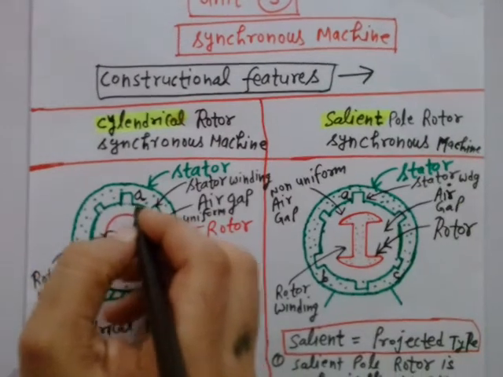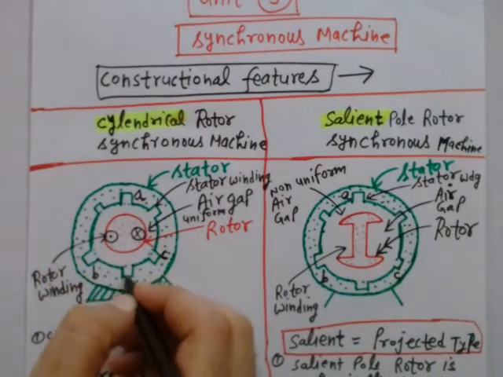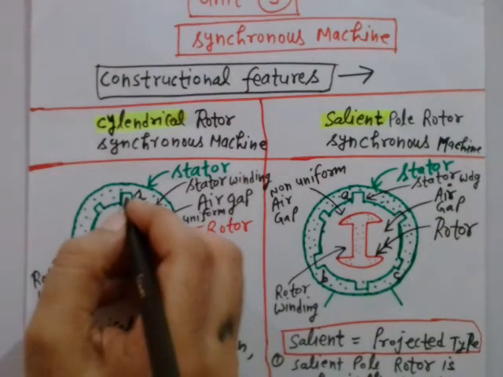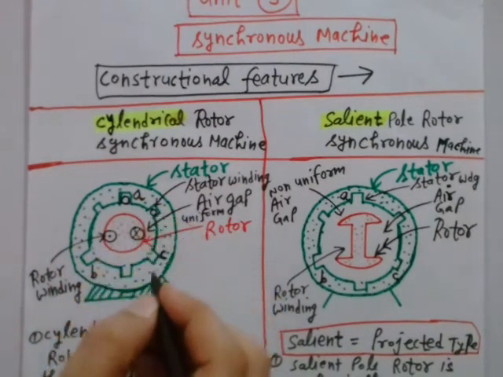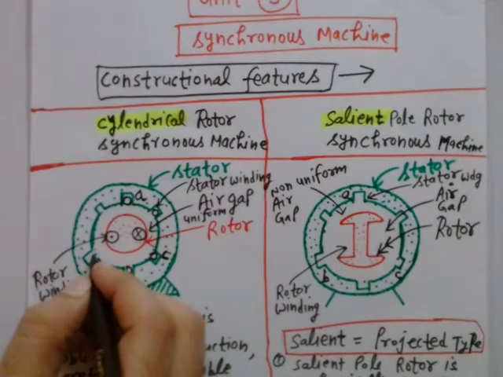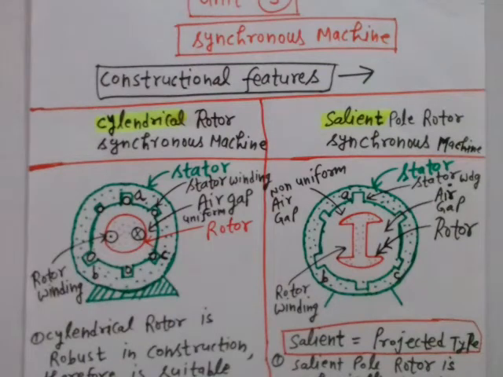These slots are the stator slots, and in them you will put the stator windings. Let me draw, this is the stator windings, or stator conductors. For a three-phase synchronous machine, you will have three phases.